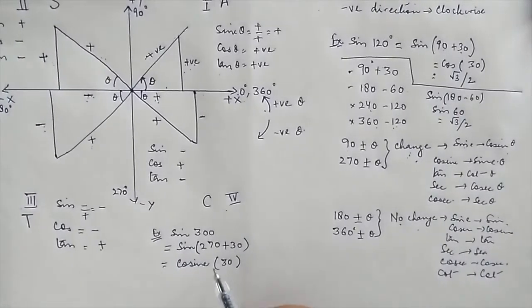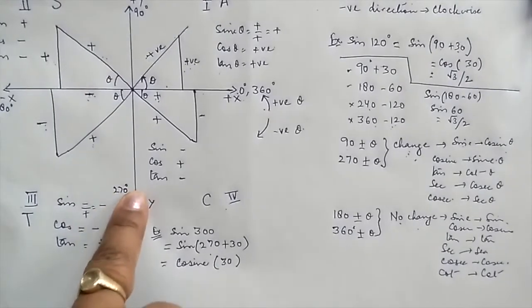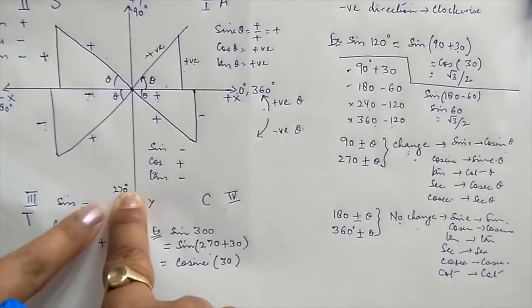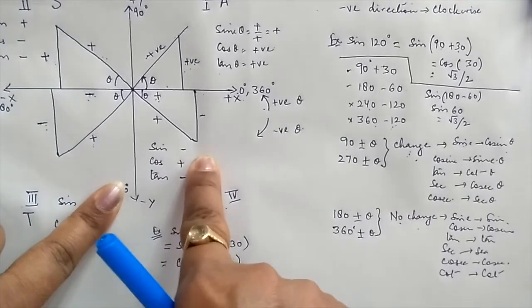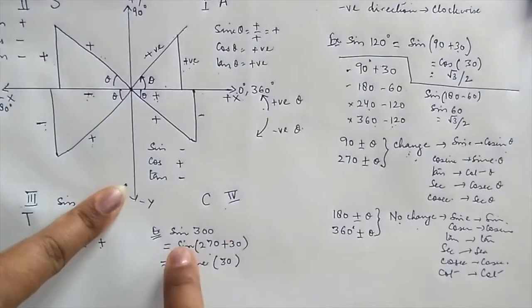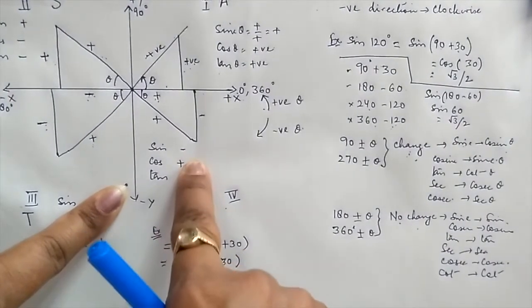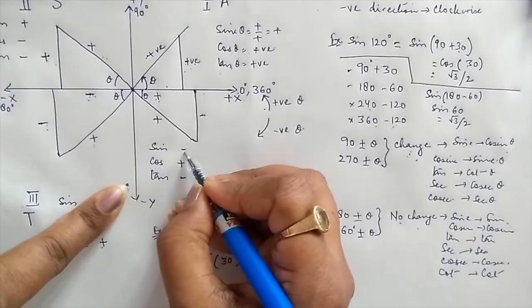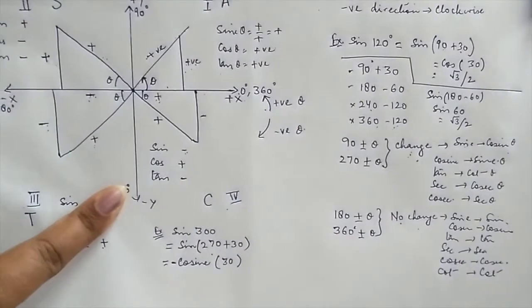Now 270 plus something. Now see, 270 is here. If I add something to this, that means I'll be moving to this quadrant. I'll be coming to the fourth quadrant. Now the nature of sine in the fourth quadrant is what? Negative. I'm going to carry this minus sign over here.